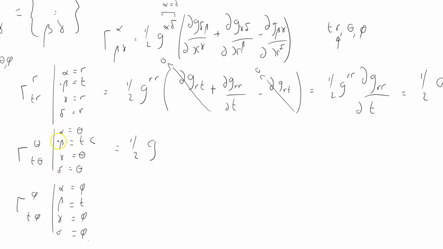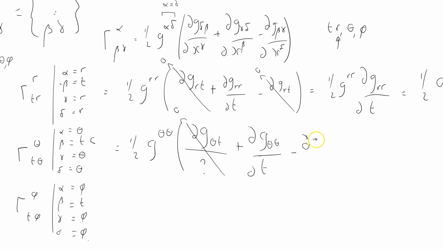Alpha equals delta equals theta, derivative of G delta beta is theta T, and again by the derivative of something, I don't care, we can just ignore it, plus the derivative of G gamma delta, which is theta, with respect to beta, which is T, minus the derivative of G beta gamma.